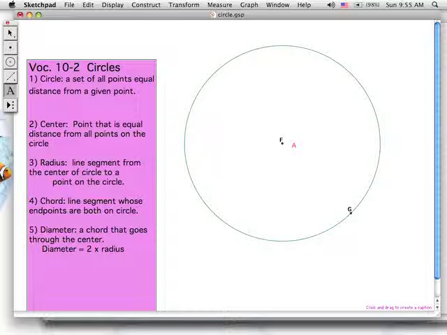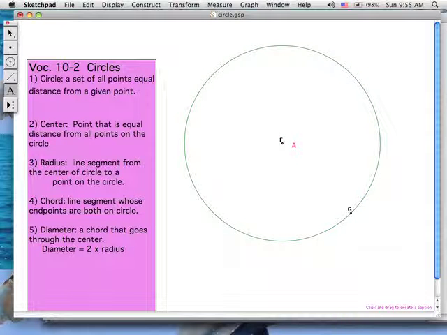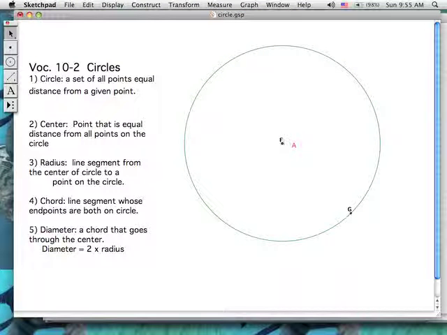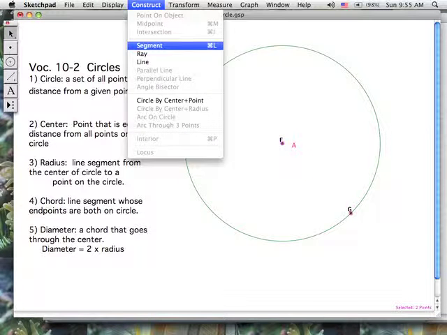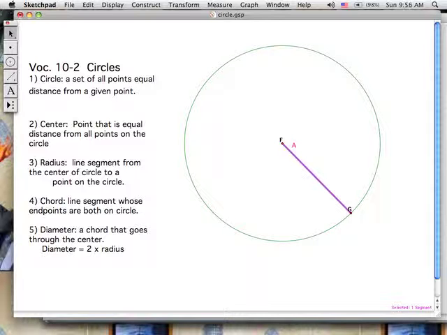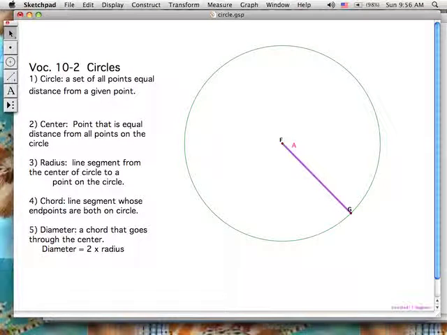Hang on a second. Okay, that makes that segment from the center to the outside, that's a radius. So FG is a radius.